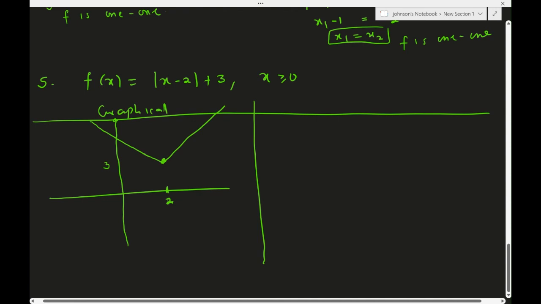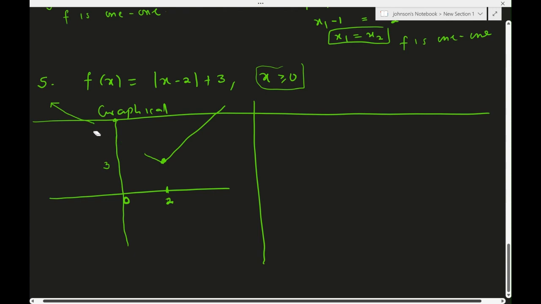Okay, but look at the condition we have now. The condition is x is greater than or equal to 0. This absolute value graph is supposed to be going from minus infinity to infinity. But since the condition is x greater than or equal to 0, this is 0, so we can only take this part here.